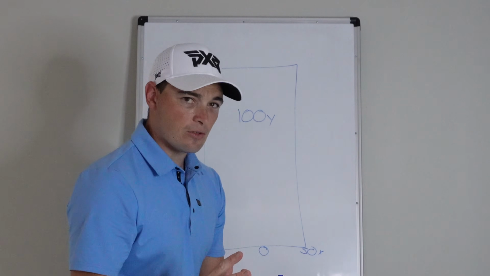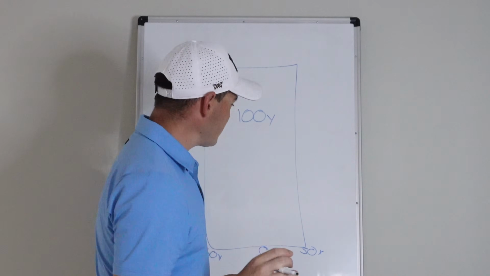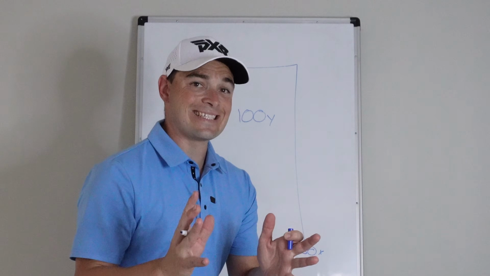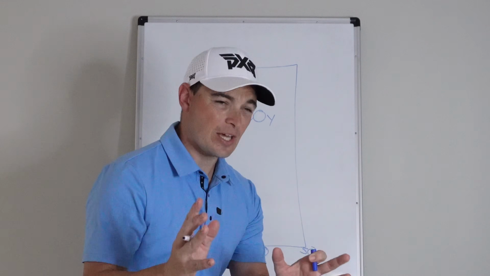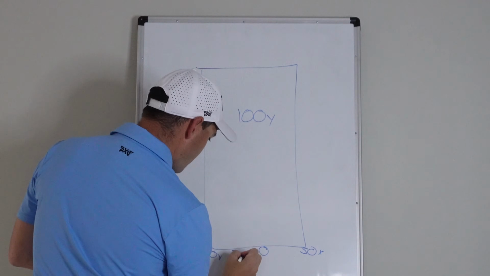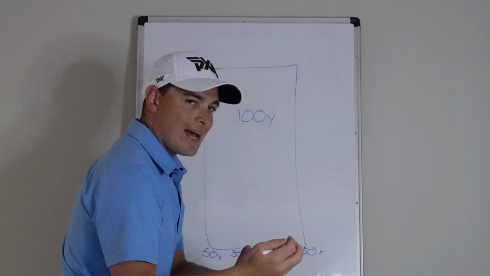Now, Rory McIlroy, one of the best golfers in the world, one of the best drivers in the world, has a dispersion pattern of about 60 yards. So think about that. His furthest left ball actually goes 30 yards left and 30 yards right, as an example.